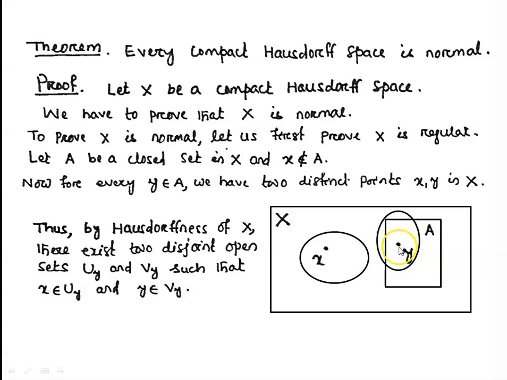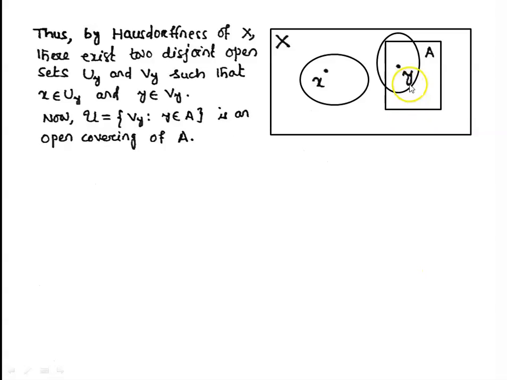Now let us vary this y all over A. Varying this y all over A, we will get a collection of open sets Vy. And this collection of Vy for every y belonging to A is an open covering of A. So for each y, we will get a Vy corresponding to this x.